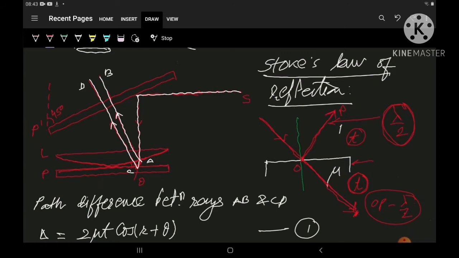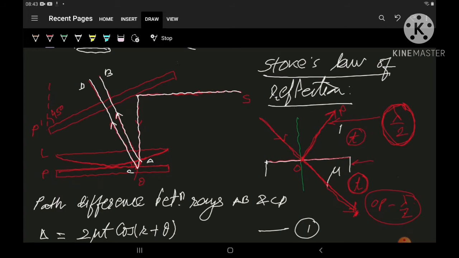So when a light gets reflected from the surface of a denser medium, it will lead ahead by a path difference of lambda by 2. So this was Stokes law of reflection, and here in our case it will be used.